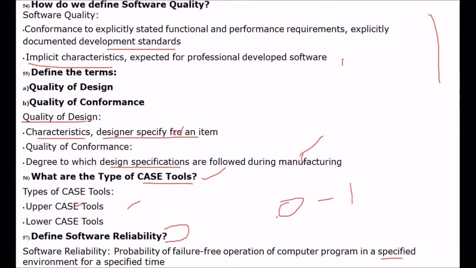So you have to specify the environment and the time also. It is given by e to the power minus lambda, by MTBF, mean time between failures. This is the expression.